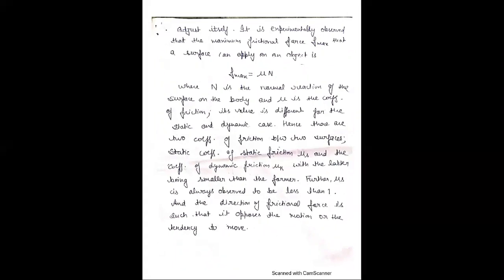Frictional force is a contact force when one body is in contact with another body. Now this is an example: a 10 kilogram mass, and over it a 5 kilogram mass. Another mass M naught is attached to a pulley by a rope. This is the support.